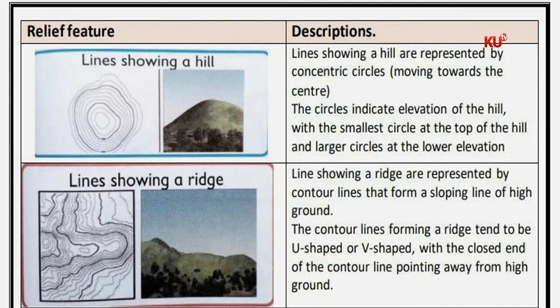If you look at the lines on the screen, you will find that the contour lines that form a ridge tend to be U-shaped or V-shaped. As you can see, the first one looks like a V or a U. Then also, these lines point away from a high ground.